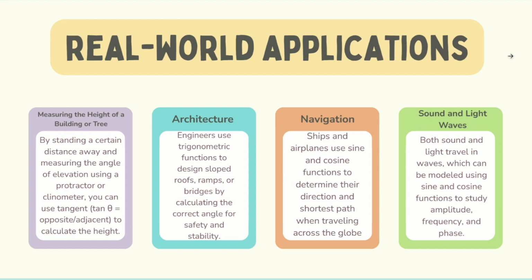Navigation. Trigonometry can be used in navigation by ships and airplanes because they use sin and cosine functions to determine their direction and shortest path when traveling across the globe, which reduces the time and materials used to travel.